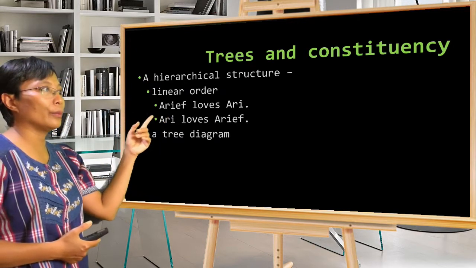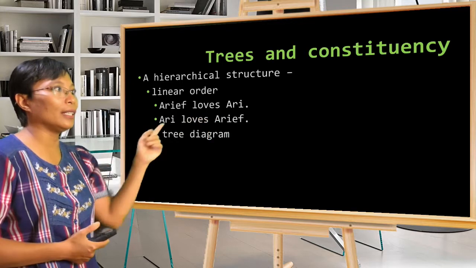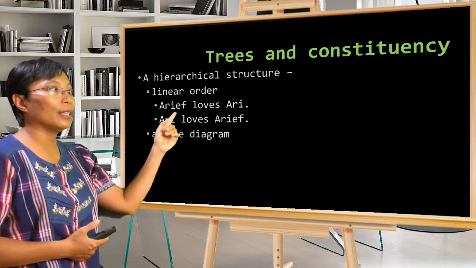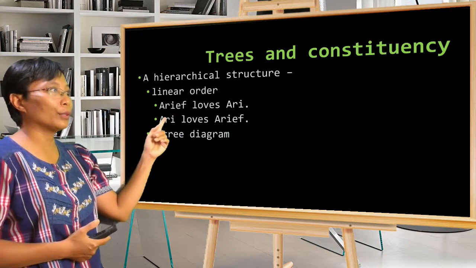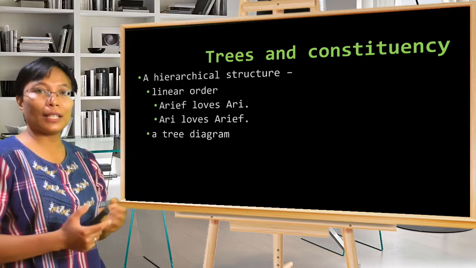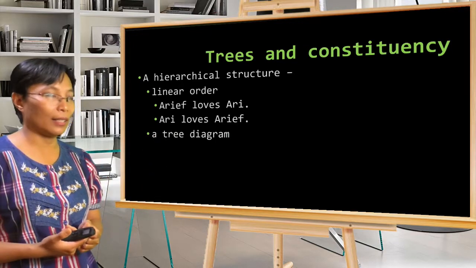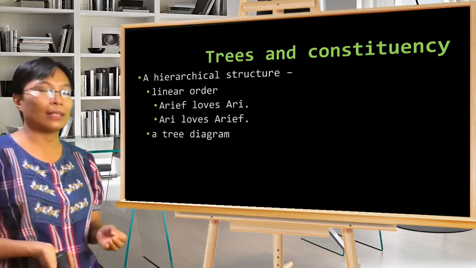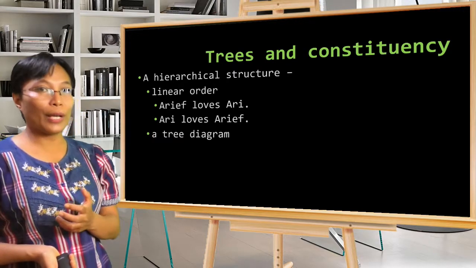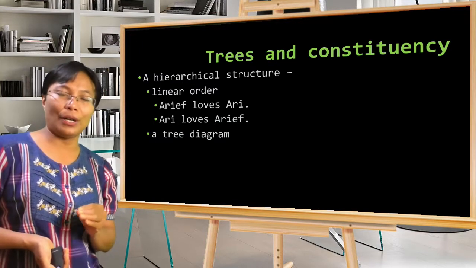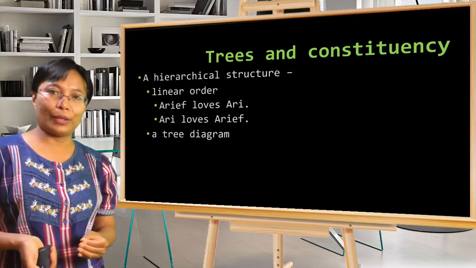Like here, when we have Arif loves Ari, and then Ari loves Arif. Here we have the linear order. We have three words here, but when we arrange them differently, then the meaning can be different. The second one is in the form of tree diagram. So we will use a tree diagram to describe the hierarchical order or the hierarchical structure of a particular construction.